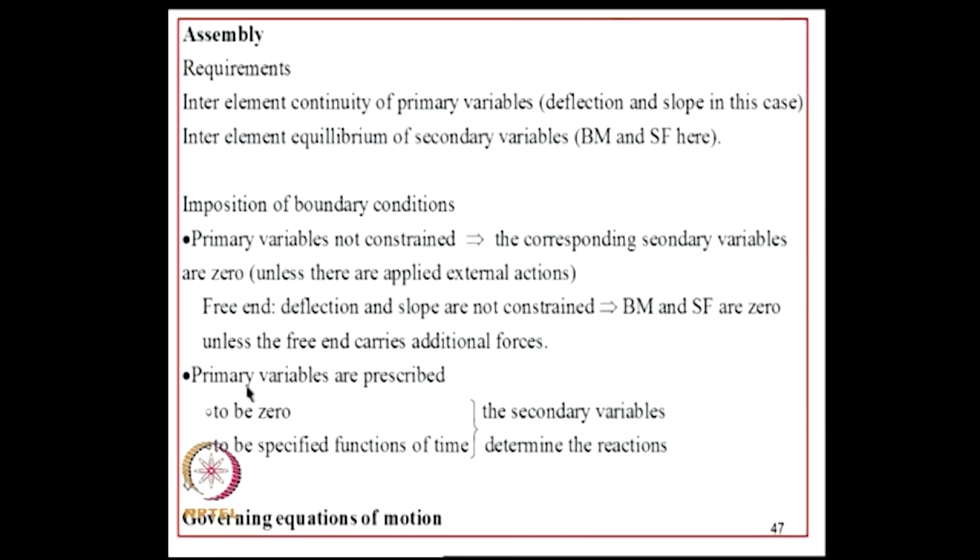Then primary variables may be prescribed, for example, to be 0 or to be specified functions of time as in earthquake ground motion or any other support motion problem. In that case the corresponding secondary variables determine the reactions.